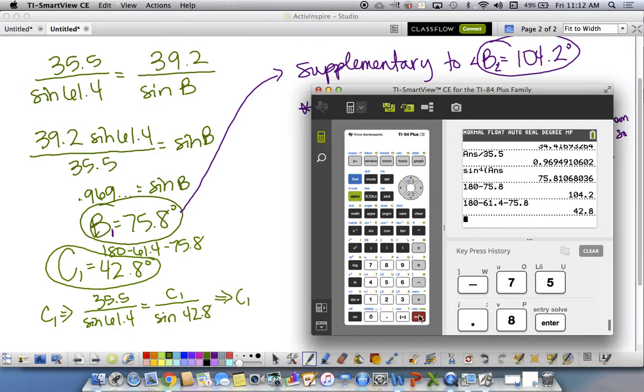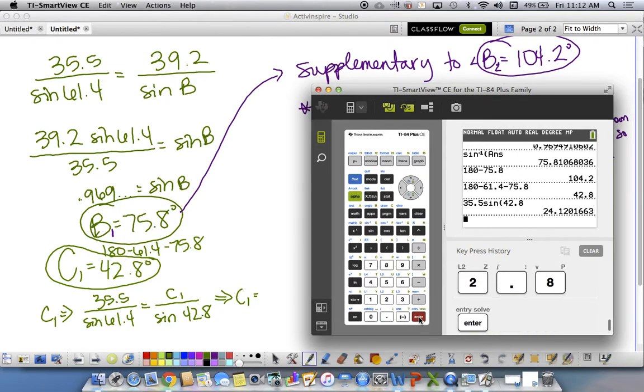So little c1 will equal 35.5 sine 42.8, then I hit enter, then divide by sine 61.4. I'm going through this a little quicker now. I'm expecting you to not keep up, but you have done this enough that you know what we're doing.